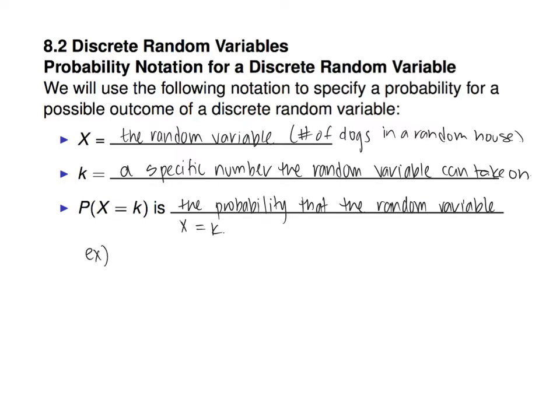So for example, if I was finding p of x equals 3, given that x was my dogs, this would be the probability a random household, we'll say, has 3 dogs, for example. And you should try to use this correct notation when writing your work so you can properly communicate what you're talking about.